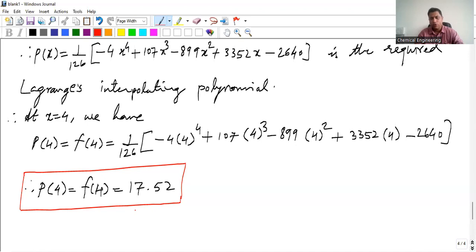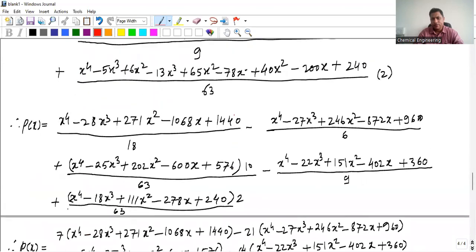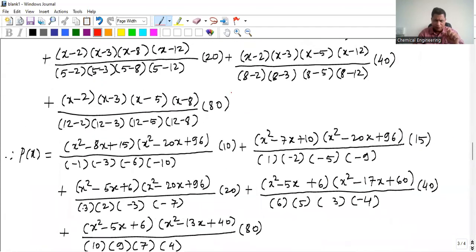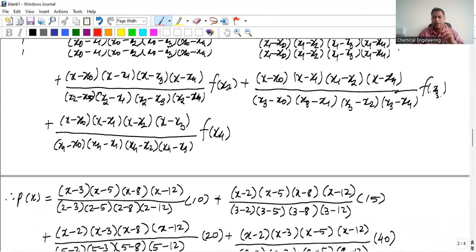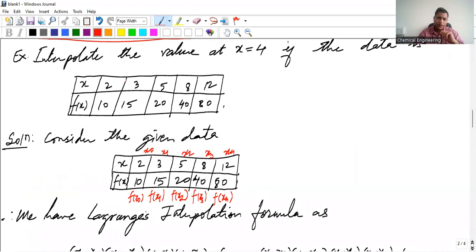Now, how to verify the answer is correct or wrong? Okay, so we got here 17.52, and we got this value for x is equal to 4. If we are interpolating, that means it is between the interval. So here at 3 the value is 15, at 5 the value is 20, and you can see the value is increasing.